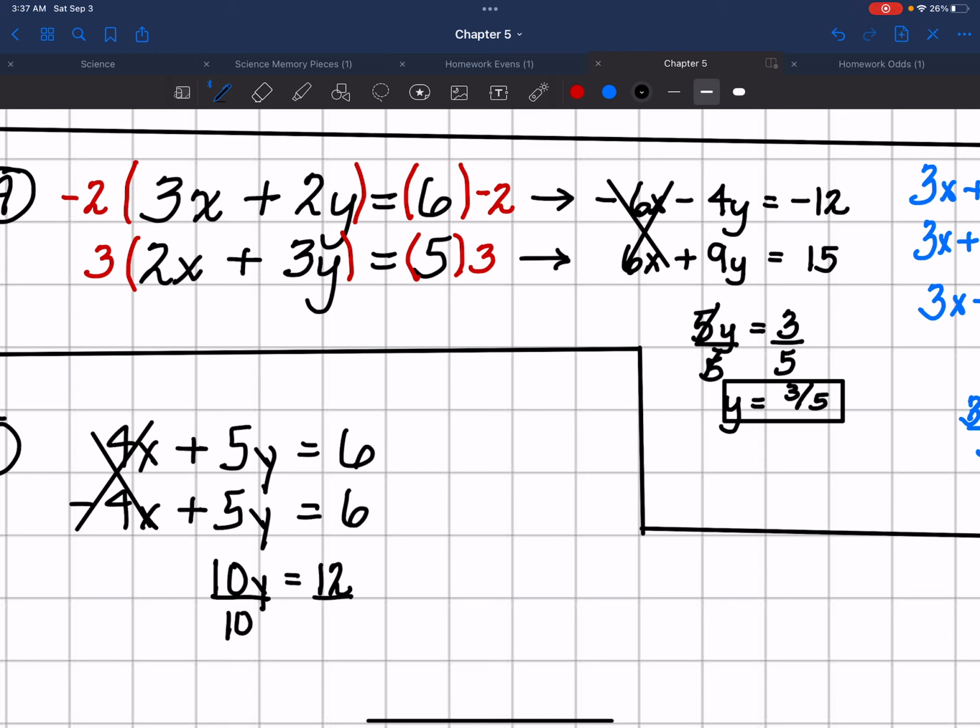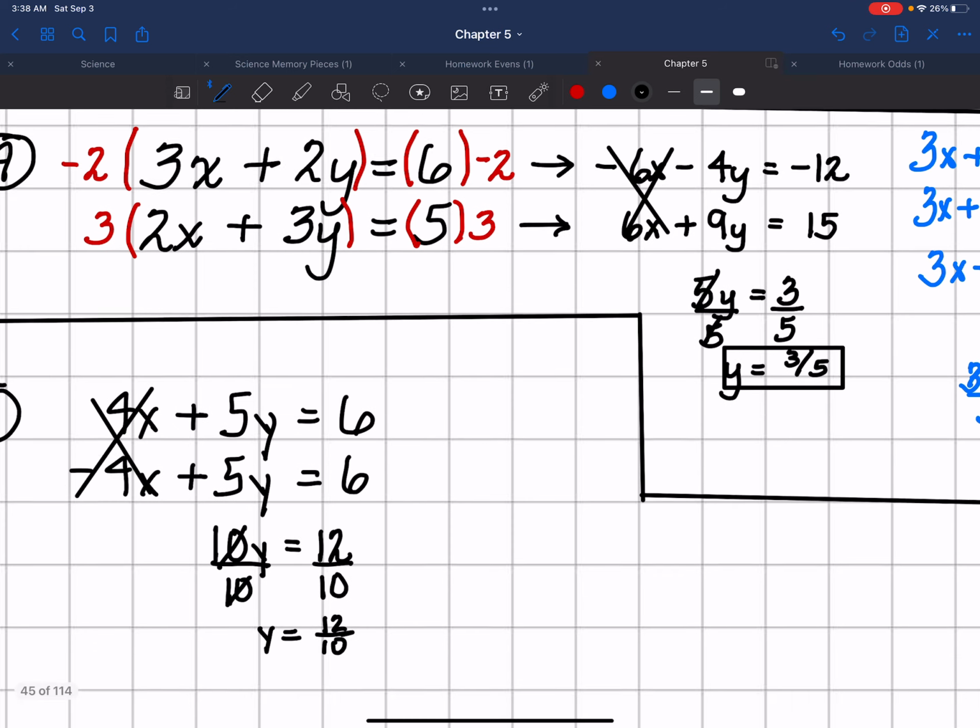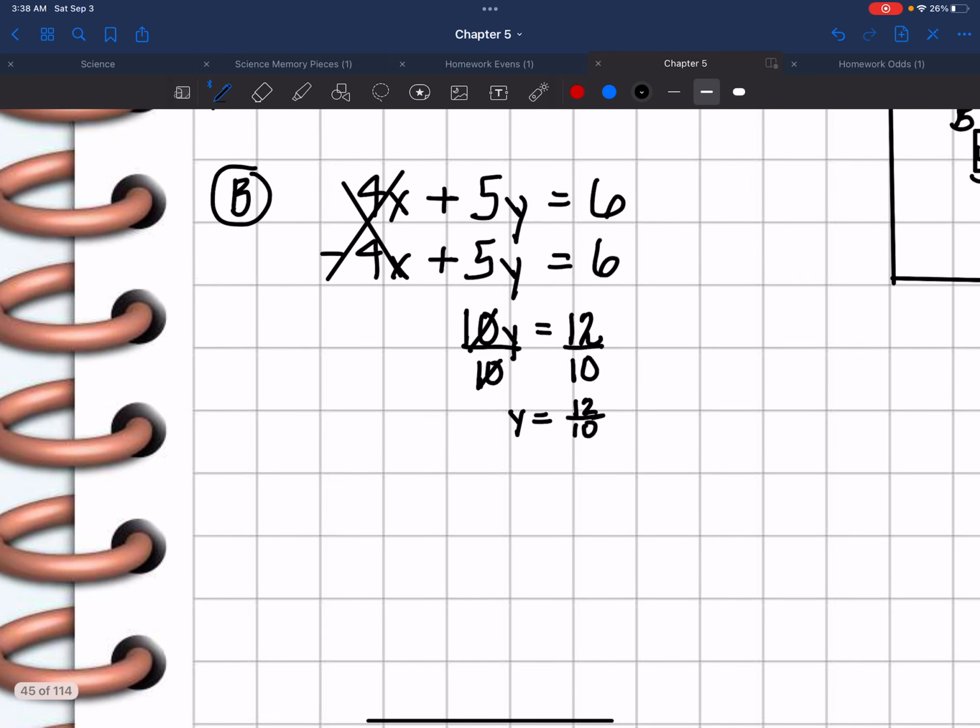Divide both sides by 10. So y is 12/10. Okay, and then let's do x. So I'm going to bring 4x plus 5 times 12/10 equals 6.